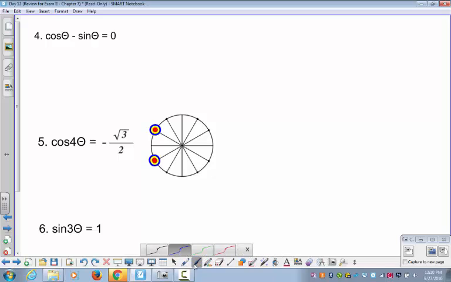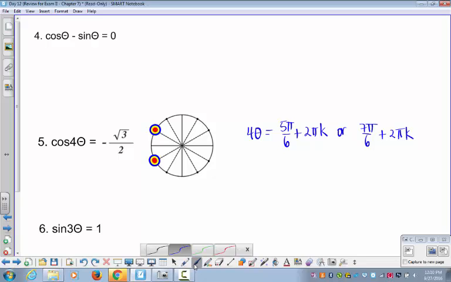So this tells us that our angle for theta is equal to 5 pi over 6 plus 2 pi k, or 7 pi over 6 plus 2 pi k. That's what 4 theta is equal to.